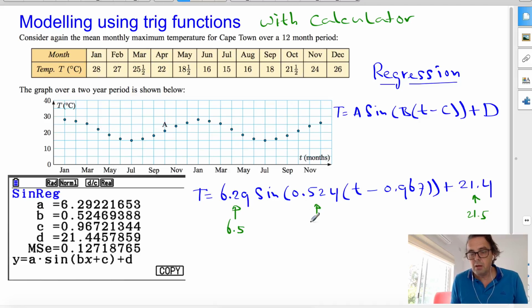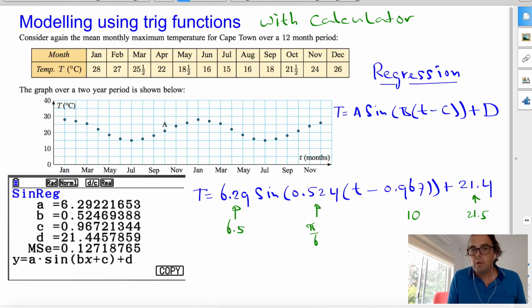0.524 here for B. That is pretty much exactly pi on 6. Type it in on your calculator and you'll find that. The big discrepancy is this one here. We had a 10 here, and now it says 0.9617. How is that difference coming about? Well, we have to look closely at our calculator.